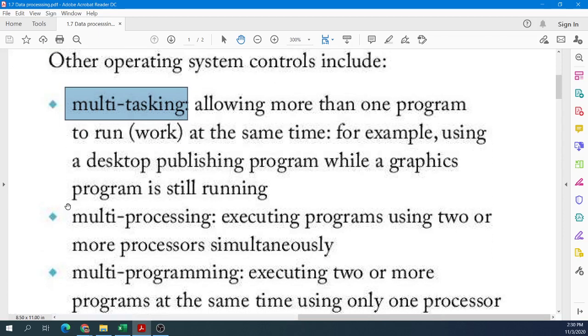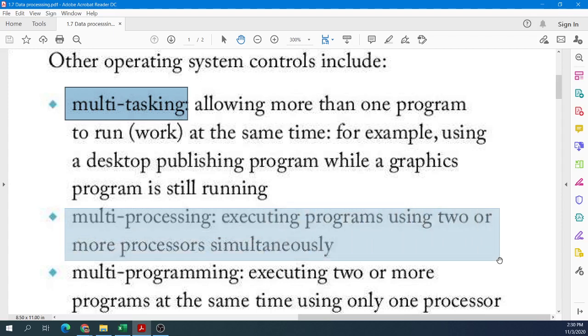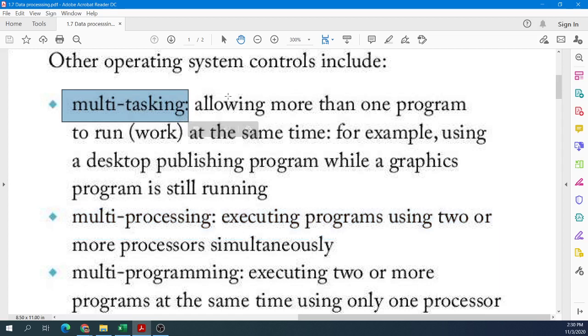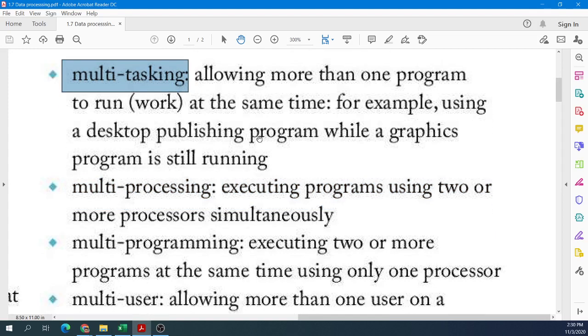The next one is multiprocessing, and this allows the executing of programs using two or more processors simultaneously. So with multitasking, it's basically one CPU, and we divide up that CPU like time sharing so that multiple programs can run at the same time.